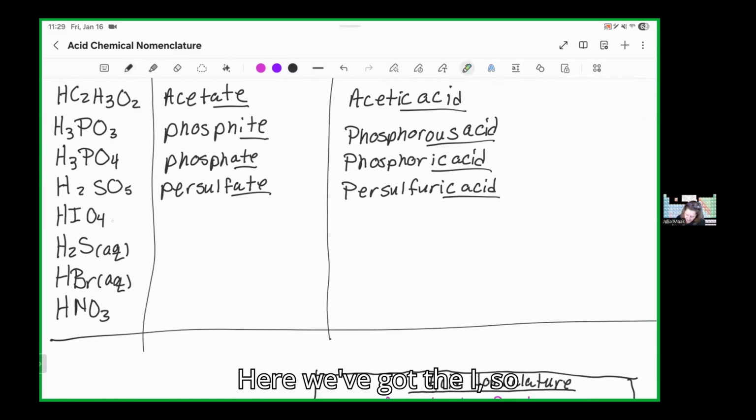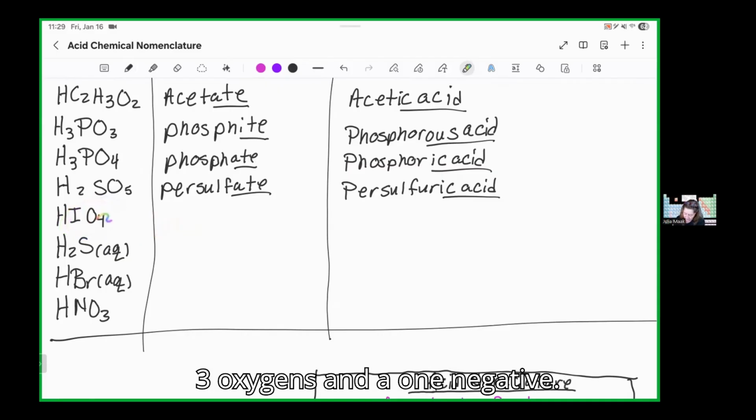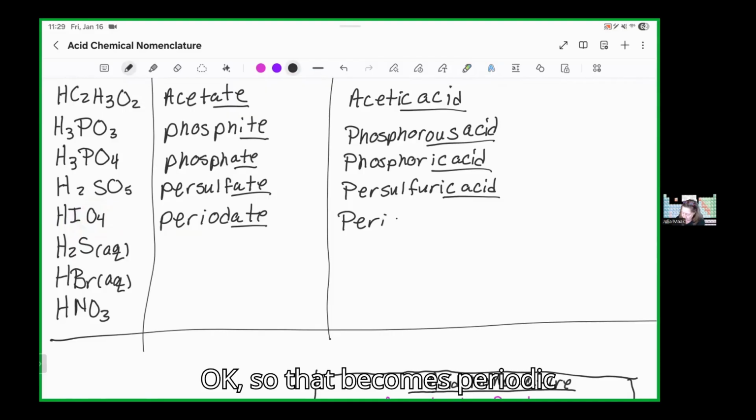Here we've got the I, so that's a halogen, right? And we know from clam, your halogens have 3 oxygens and a 1 negative. So we have one more oxygen, so it is a per, that is periodate. Okay, so that becomes per-iodic acid.